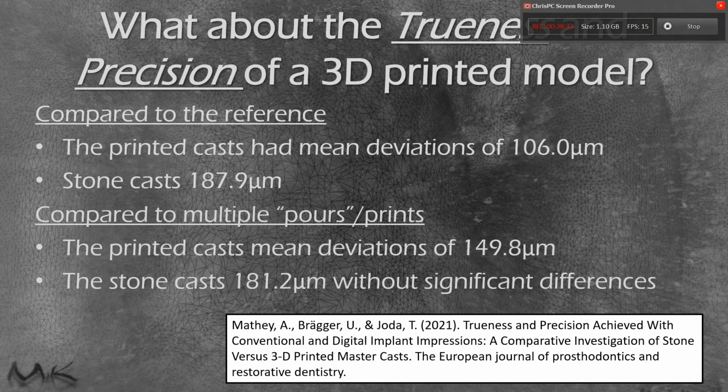If we compare multiple pours to multiple prints, the printed cast mean standard deviation was about 150 from model to model on the printer and 180 on the stone cast. It wasn't really a statistical difference, but you can see that 3D printing technology has come a long way and is getting to the point where it is just as accurate or slightly better in terms of trueness and precision, based off this ISO standard, as pouring up a model by hand.